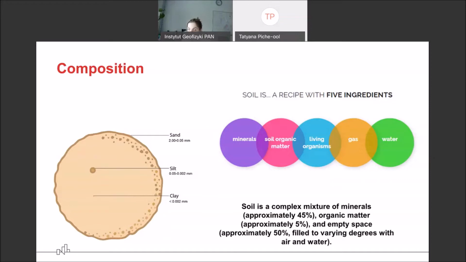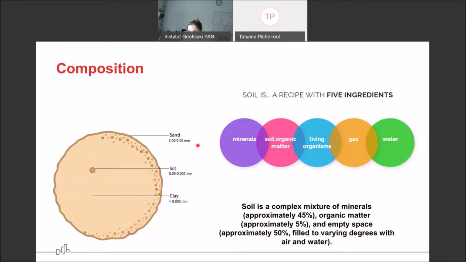And to begin with, we'll focus on soil minerals. And soil minerals can be divided into 3 classes based on their size. And these classes, shown to you with a laser pointer, are clay, which is the smallest size class, silt, and sand, which is the largest.